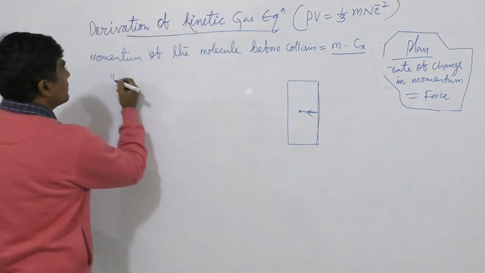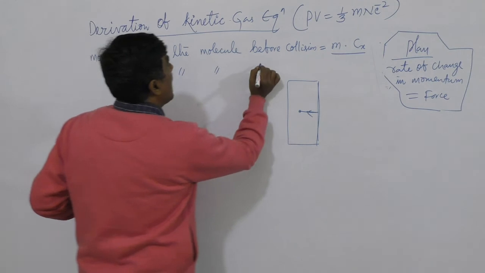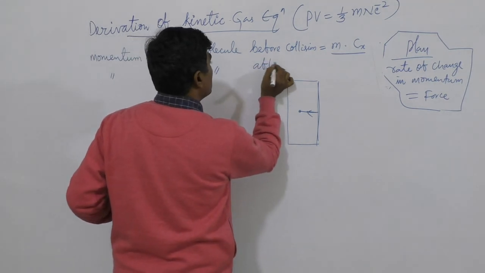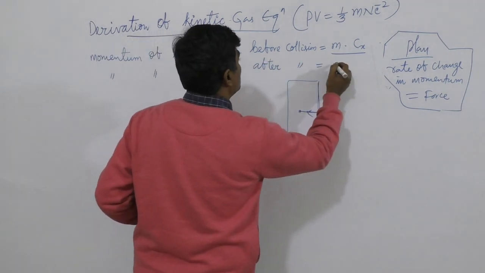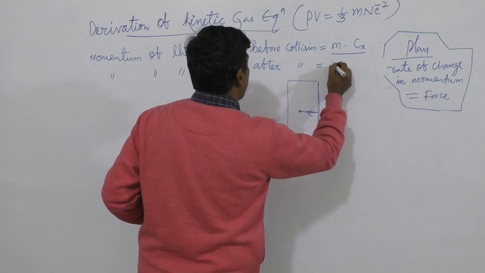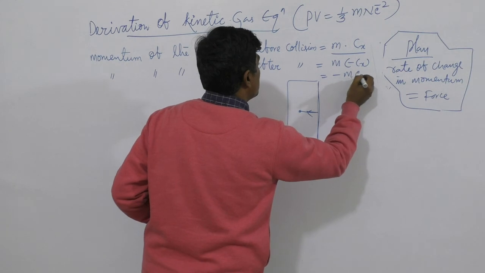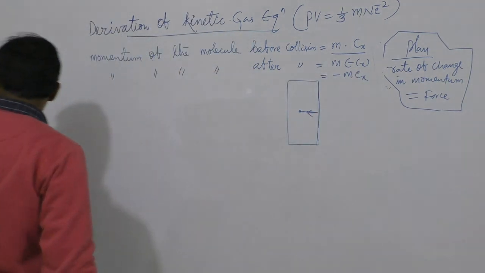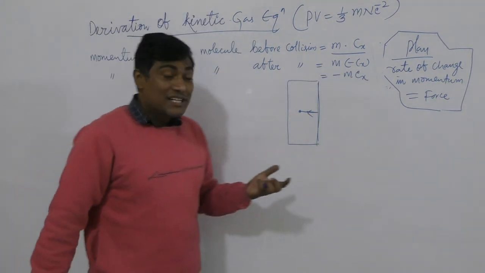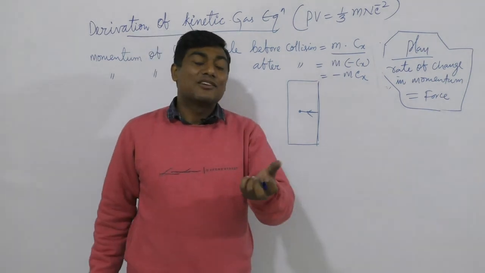So the momentum of the molecule after collision is m into minus cx, equal to minus mcx. Why is there no change in speed?